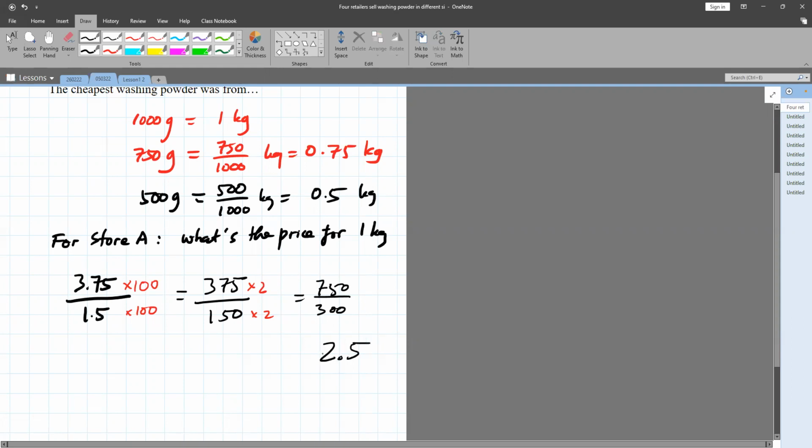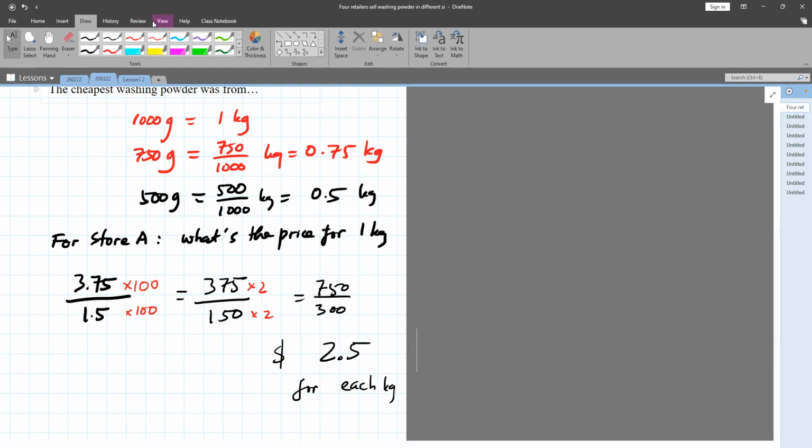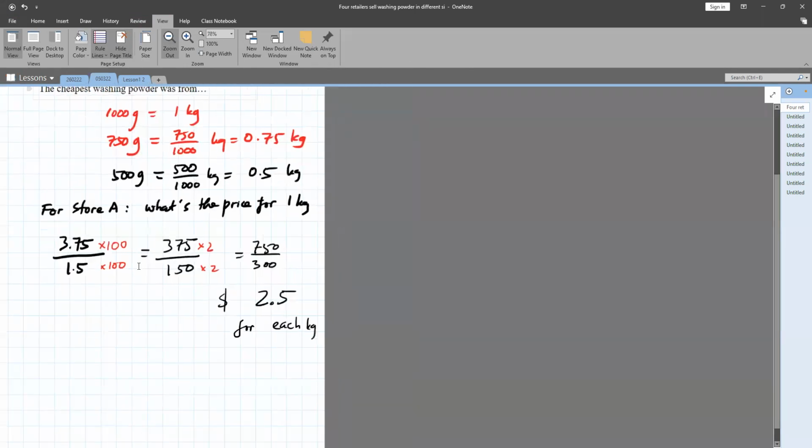Now, what happened is when you divide that price by the kilogram here, you got this number. So basically, this number tells us this is the price for each kilogram at store A. So we have to have the same comparison.